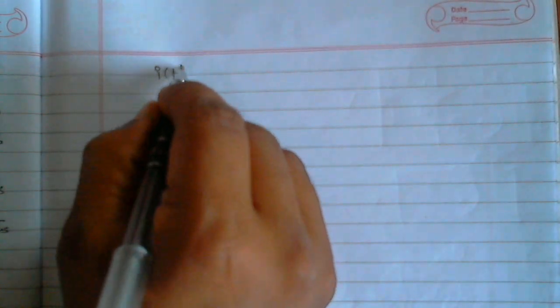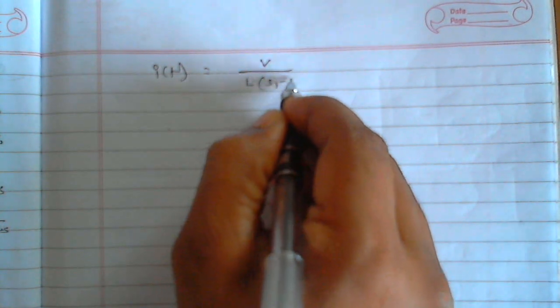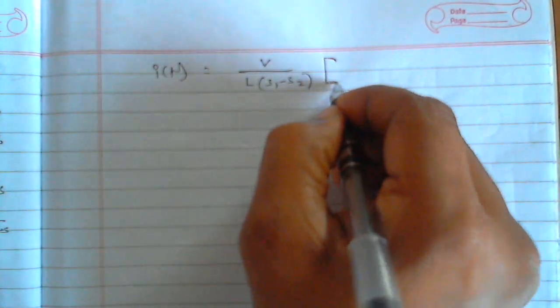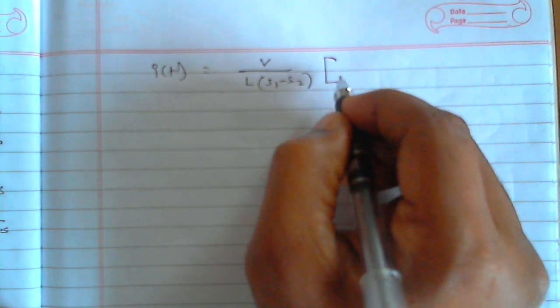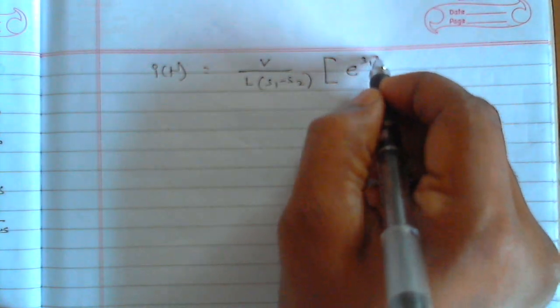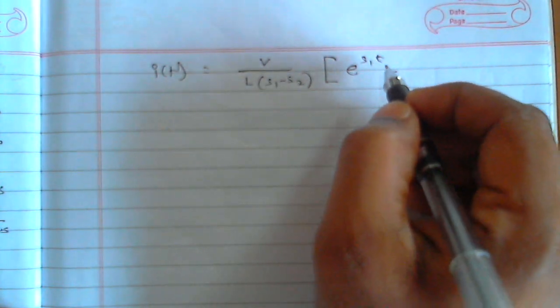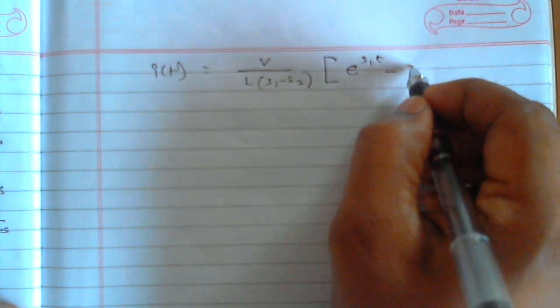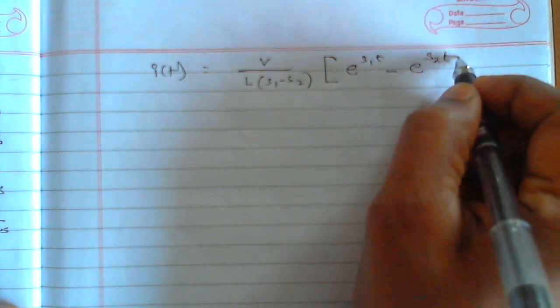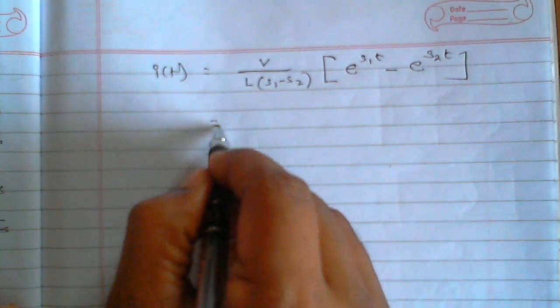Now I can take the inverse Laplace of this. So I will get I of t equal to V upon L times S1 minus S2, in bracket, for 1 upon S minus S1 I can write e raised to S1t by inverse Laplace, minus 1 upon S minus S2 I will write e raised to S2t.